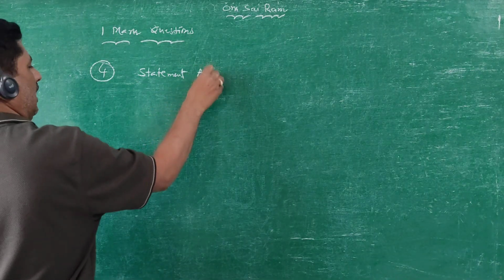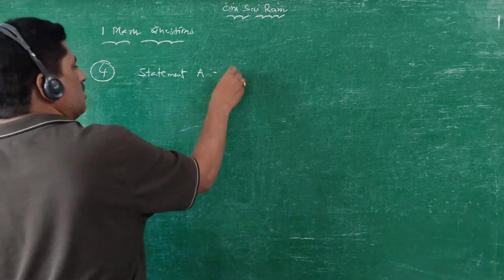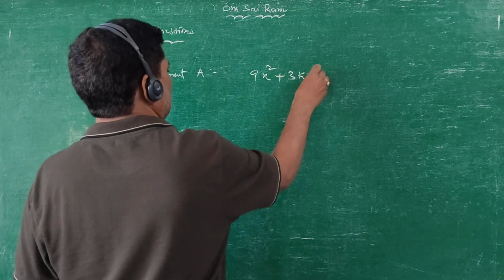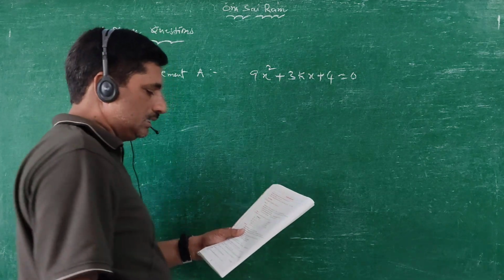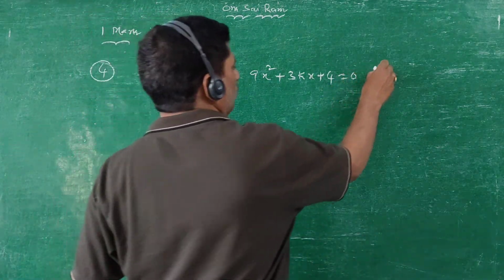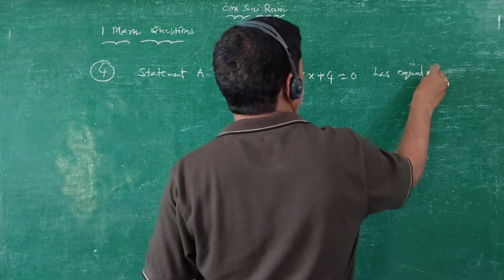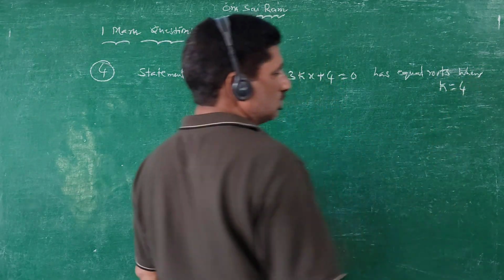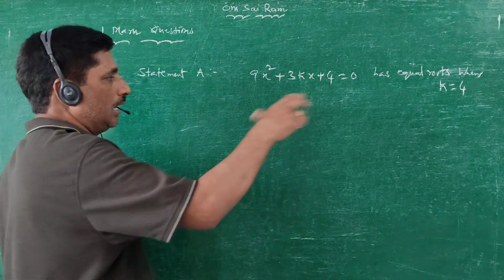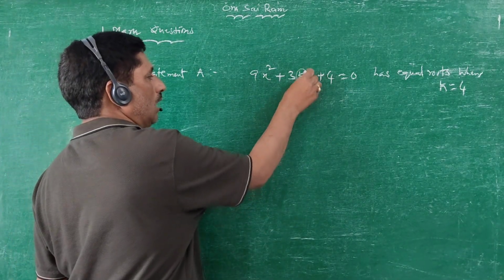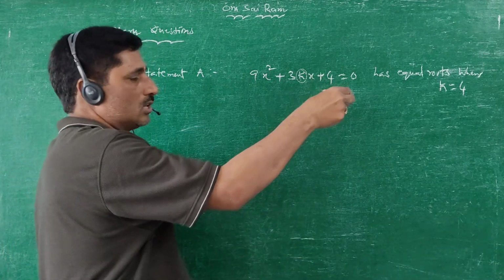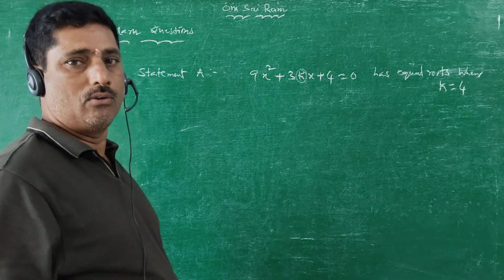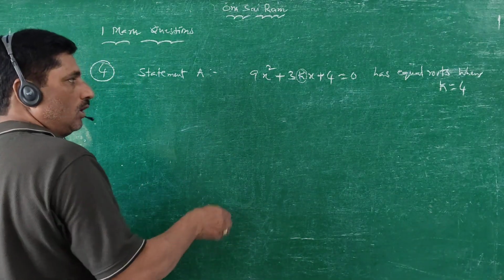The statement A is the quadratic equation 9x square plus 3kx plus 4 is equal to 0 has equal roots when k equals 4. In this equation they give one unknown value k. When we substitute the k value 4, we have to verify whether the equation has two equal roots, true or false.